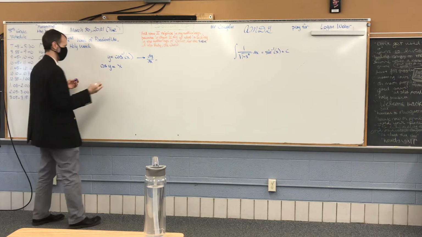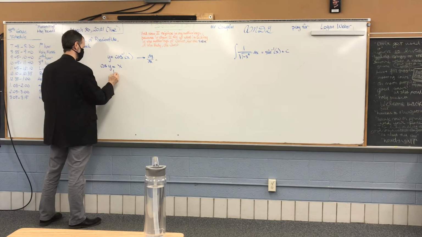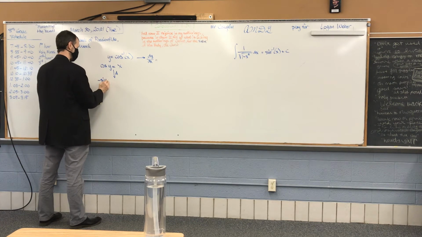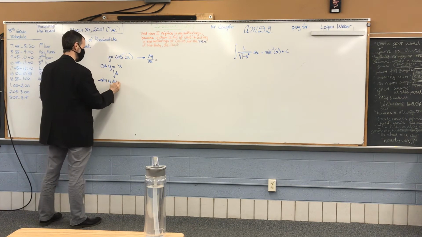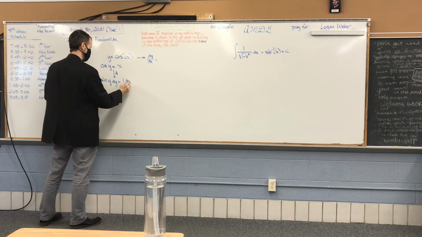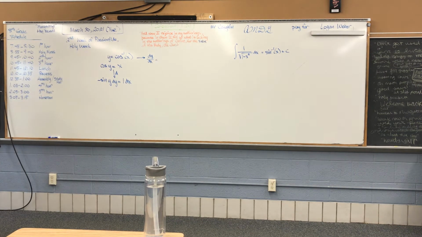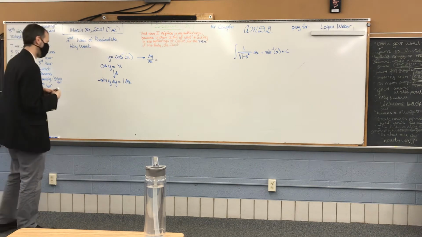Now you take the derivative. You get negative sine of y dy, equals 1 dx. The reason I put 1 dx is because we're eventually going to have to divide by dx, and I don't want to leave a gap.